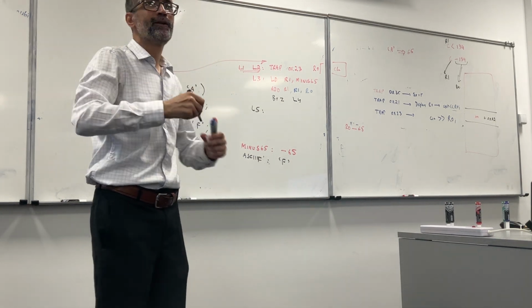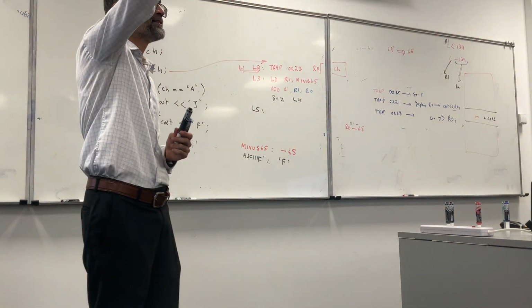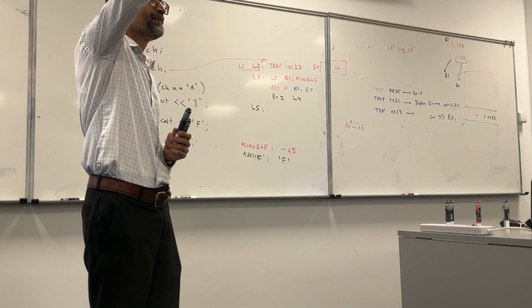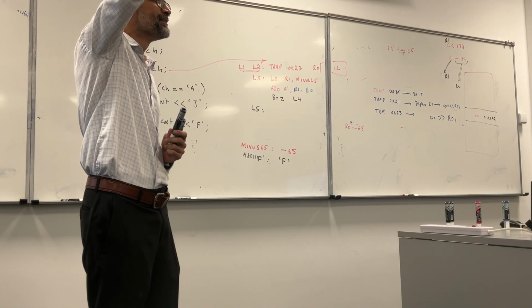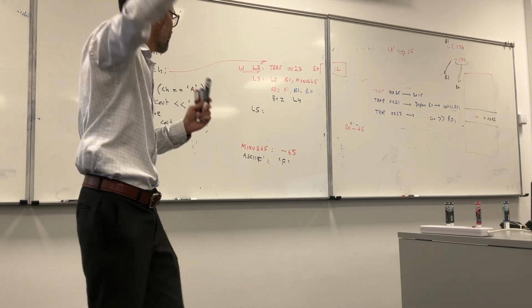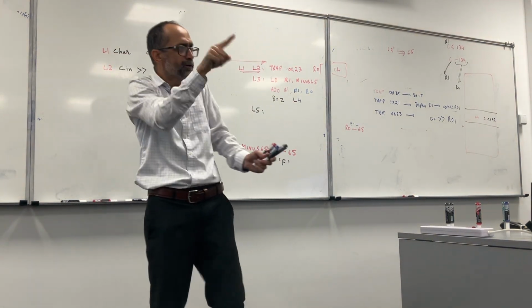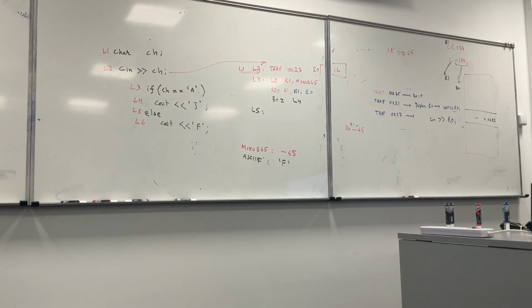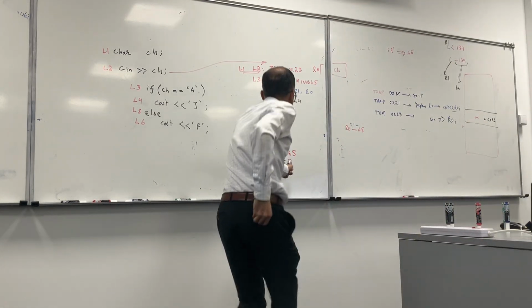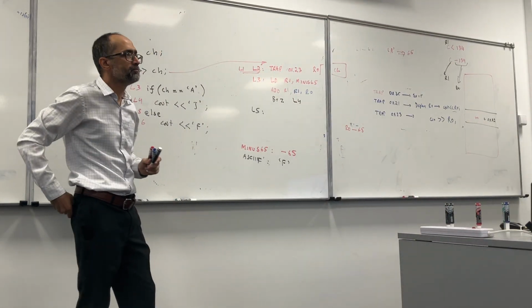Either you can compute it: A 65, B 66, C 67, D 68, E 69, F 70. Either you can store 70 here, or you just put the character and it will automatically put F. So for me, this solution is also correct. Or either you put 70 here, no problem.